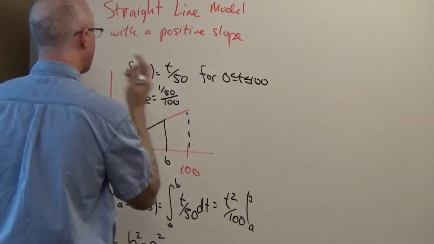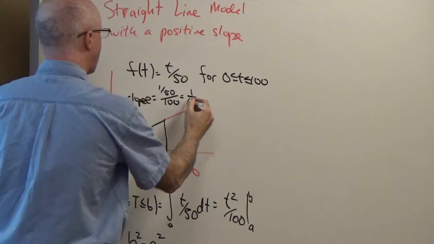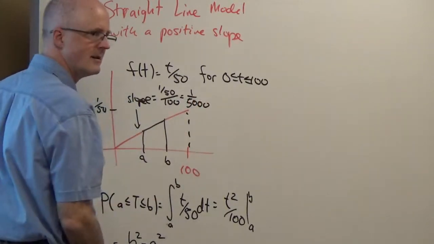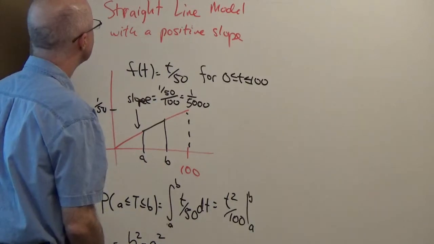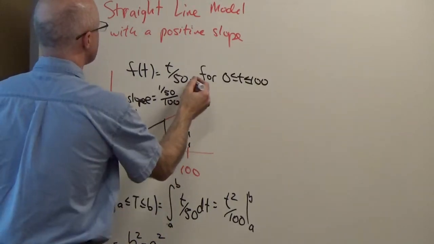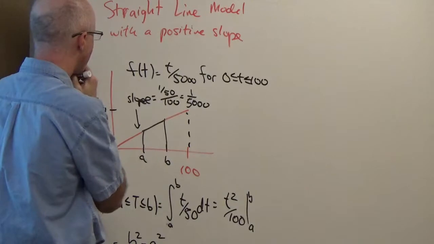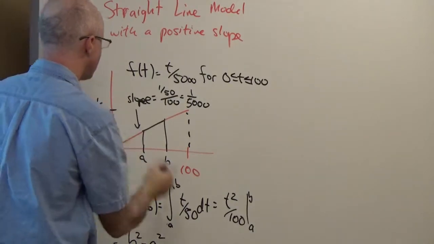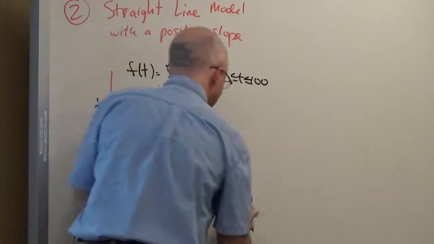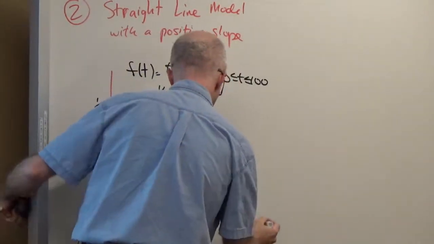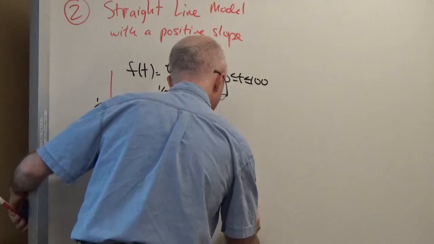So that'll be 1 over 5,000. Right? And the formula is t over 5,000. That makes this work out right.